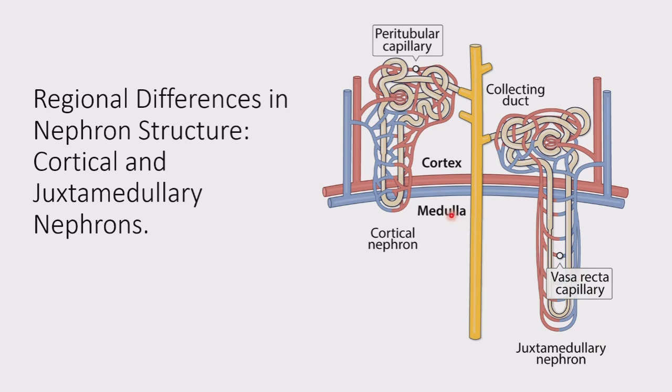In terms of vascularities, the cortical nephron is surrounded by an extensive network of peritubular capillaries that lies not so deep in the medulla, while for your juxtamedullary nephrons, long efferent arterioles extend from the cortex down to your medulla, sometimes reaching the renal papillae. These blood vessels are known as vasa recta.